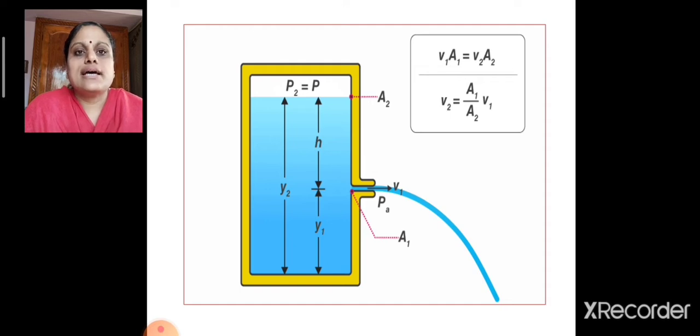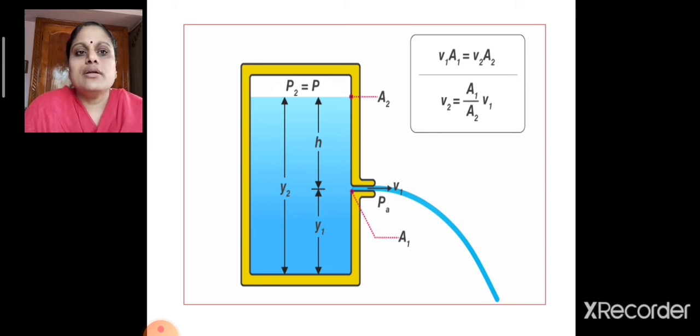Let us suppose that a closed tank contains some water. Let A1 be the area of cross section of a tiny hole somewhere about the midpoint of the container. Let A2 be the area of cross section of the upper surface of the container.